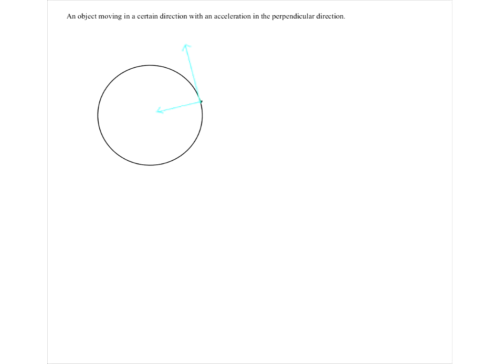And we know that in a circle, radius and tangent make 90 degrees with each other. That's always the rule with circle. So it is very much possible, and the example is uniform circular motion.